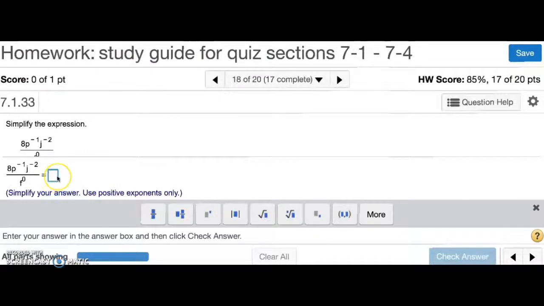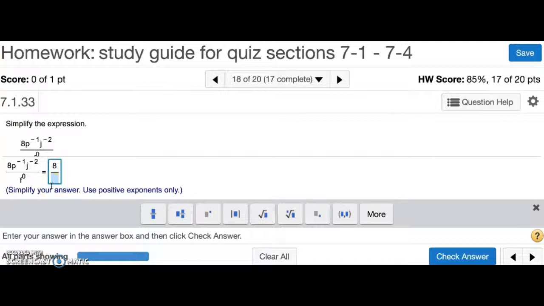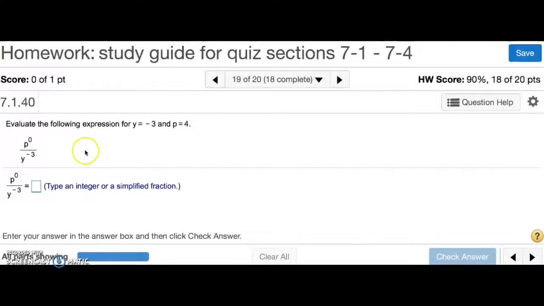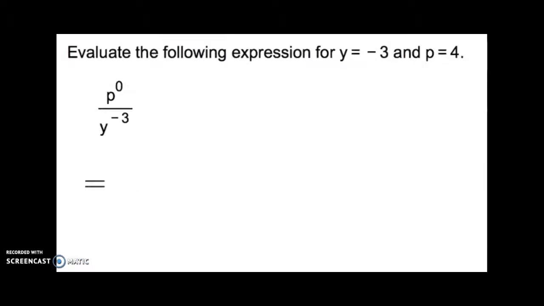In my answer, I have 8 over pj squared. That's number 18. All right, number 19, it is asking you to evaluate the following expression for y equals negative 3 and p equals 4. So let's take a closer look at that. I notice a p to the 0 power, so I'm automatically going to make that 1. So I'm going to have 1 over y to the negative 3rd power.